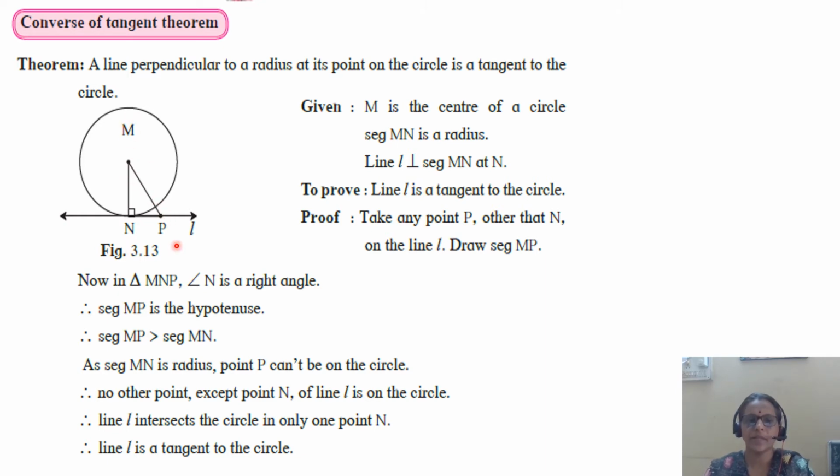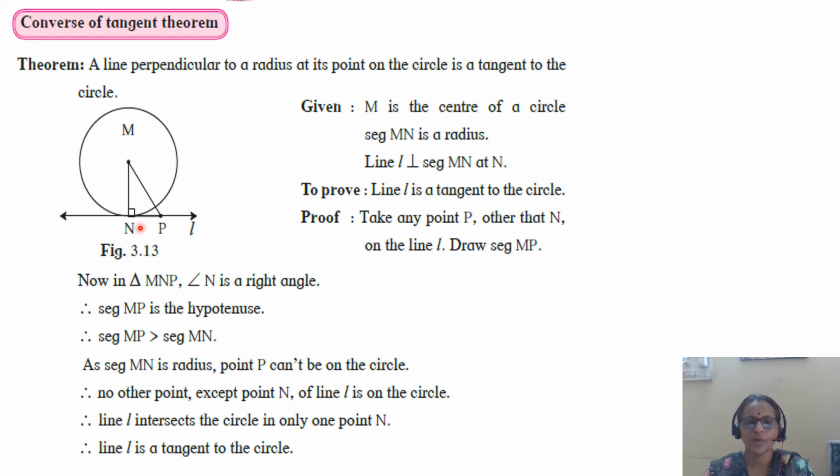So in triangle MNP you have angle N, which is a right angle. MP is its hypotenuse, the side opposite to this 90 degree angle. So MP is greater than MN because the hypotenuse is the longest side. MN is the radius, so the hypotenuse is greater than the radius. That is, point P can't be on the circle.